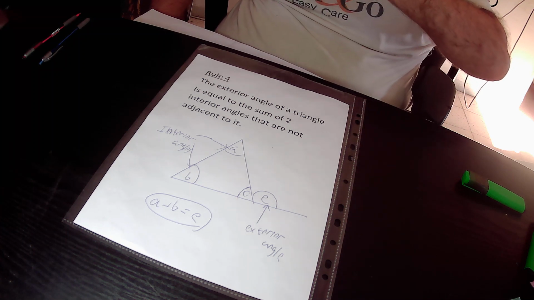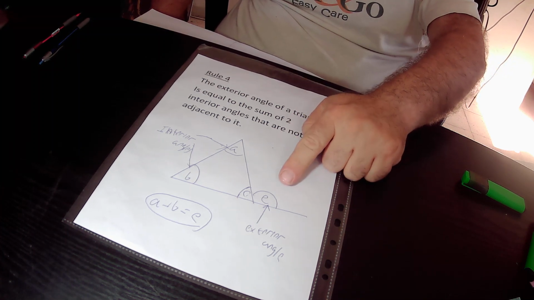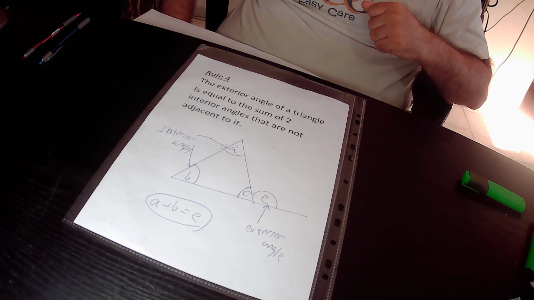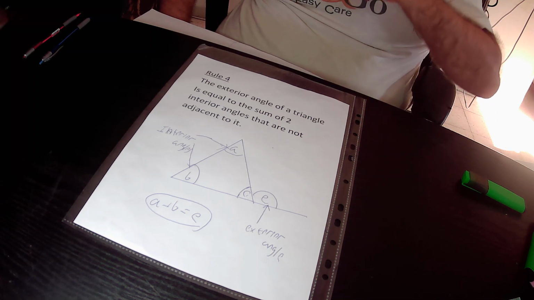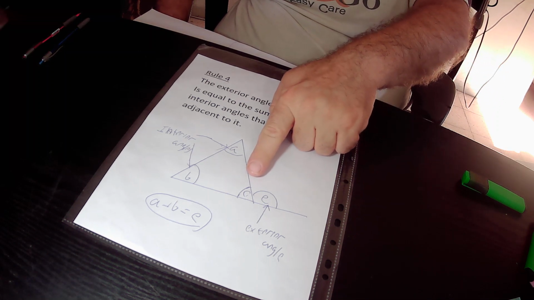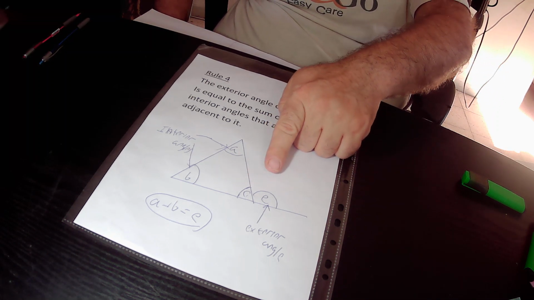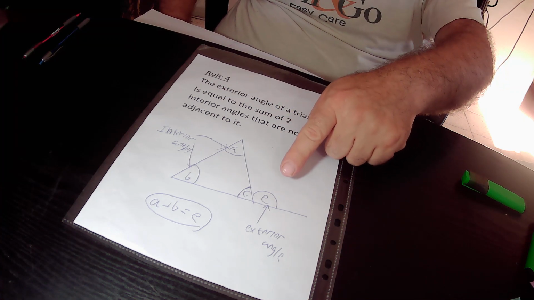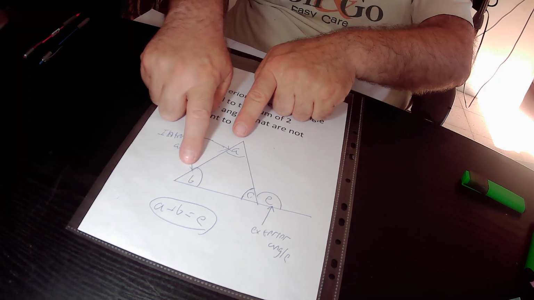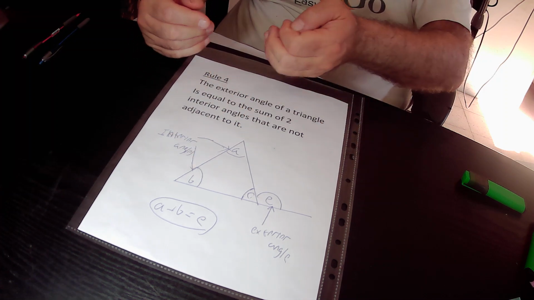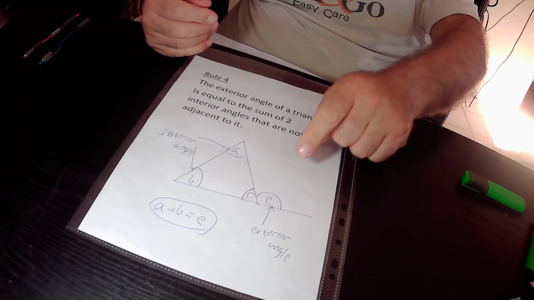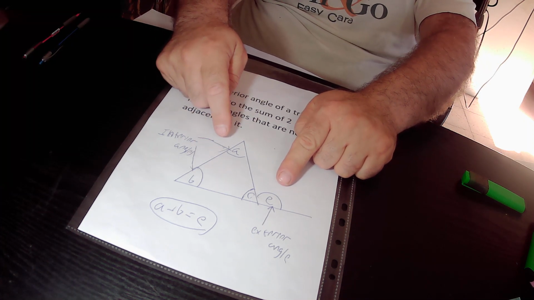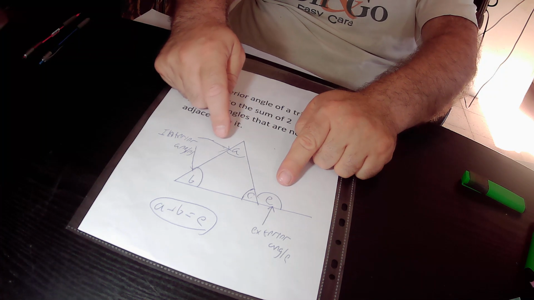According to this rule 4, the size of the exterior angle E is equal to the sum of the two interior angles that are not adjacent to it. This is angle C that is definitely adjacent to angle E, and the two other angles that are not adjacent to this angle E are A and B. And according to this rule 4, the size of the exterior angle E is equal to A plus B, that is the sum of the two interior angles that are not adjacent to it.